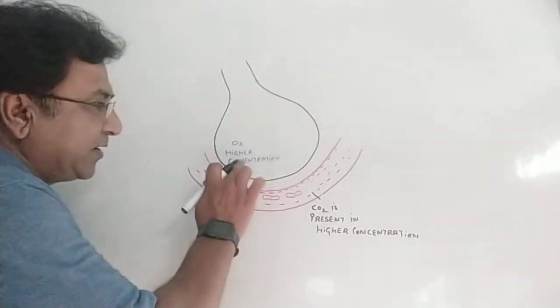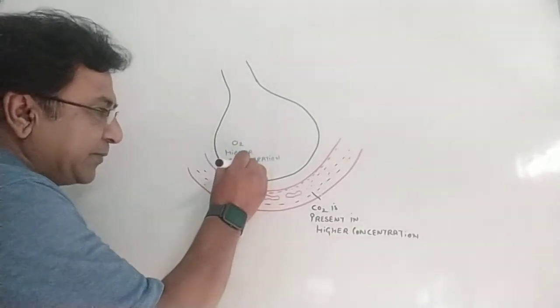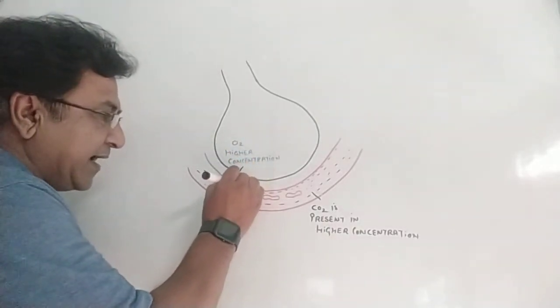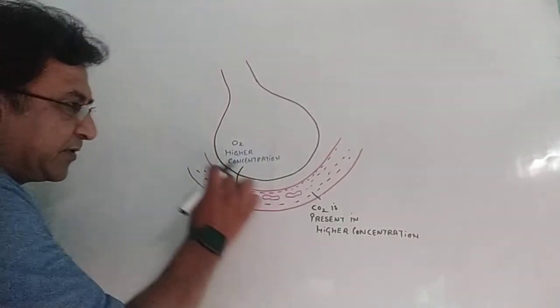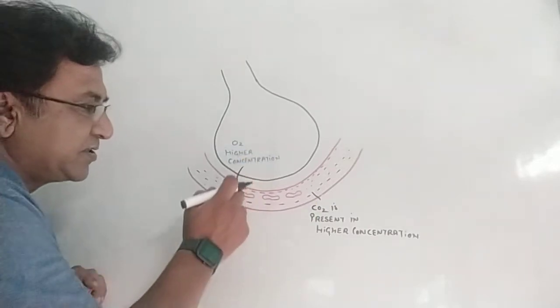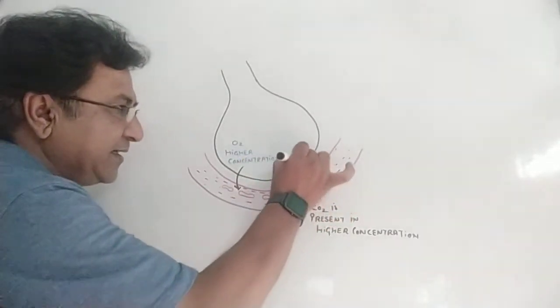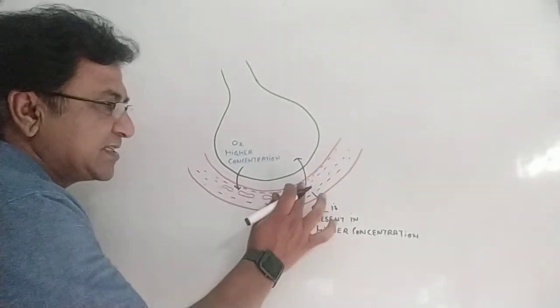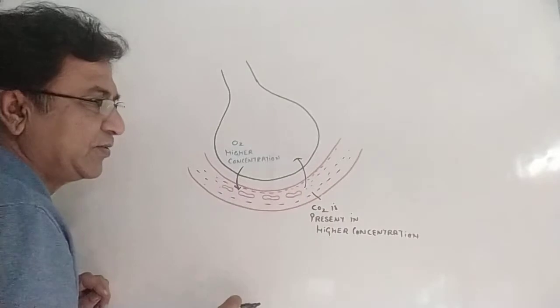Now, the higher concentration of oxygen in the alveoli, by the process of diffusion, enters into the blood, right? From higher concentration to lower. On the other side, carbon dioxide is transferred from the blood to the alveoli, from higher concentration to lower.